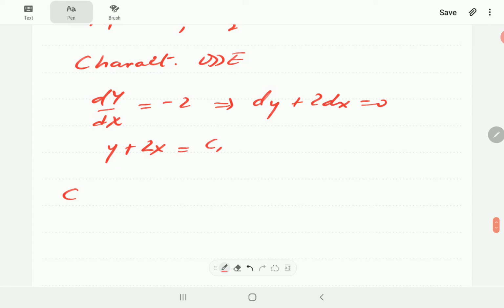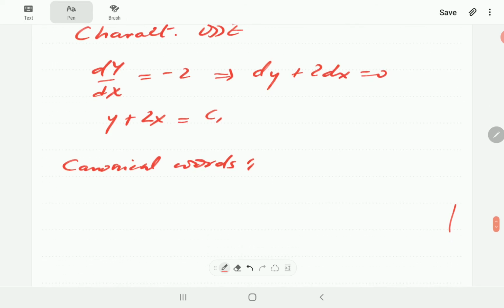So the canonical coordinates from the characteristic ODEs, we only get one, y plus 2x.